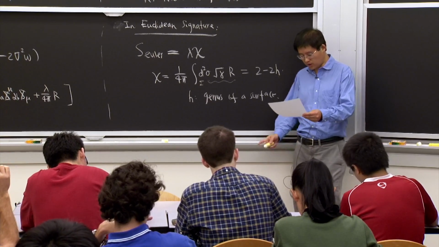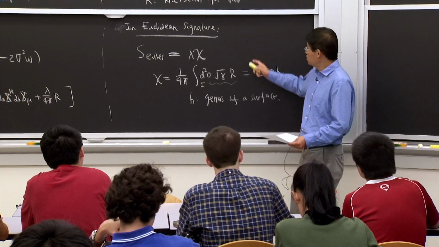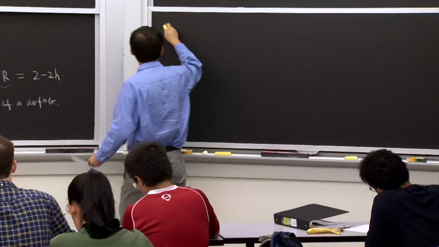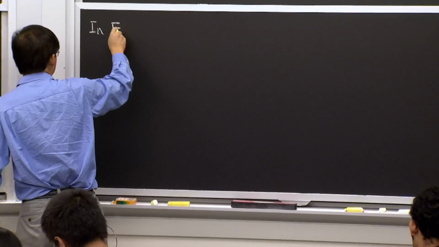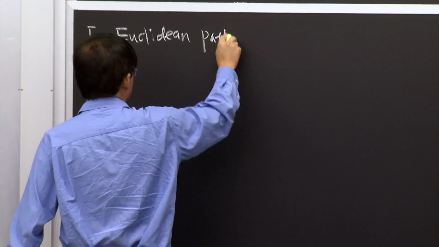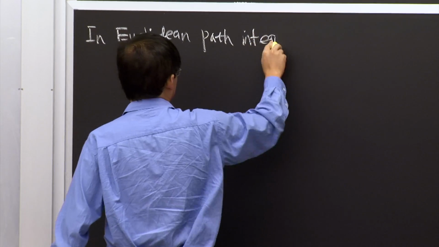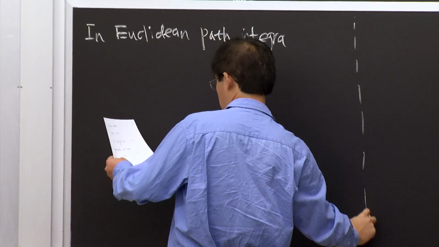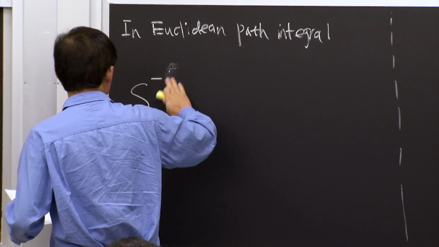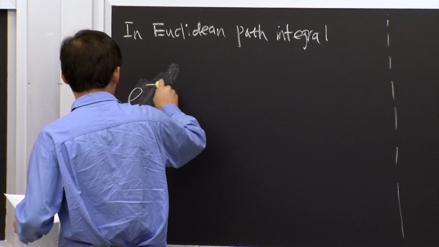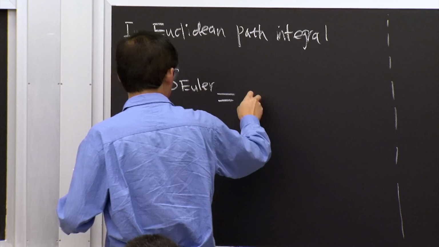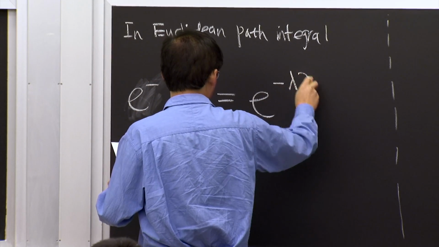Okay? So from the Euclidean perspective, in the Euclidean path integral, this exponential of minus S Euler term just gives you exponential of lambda chi.